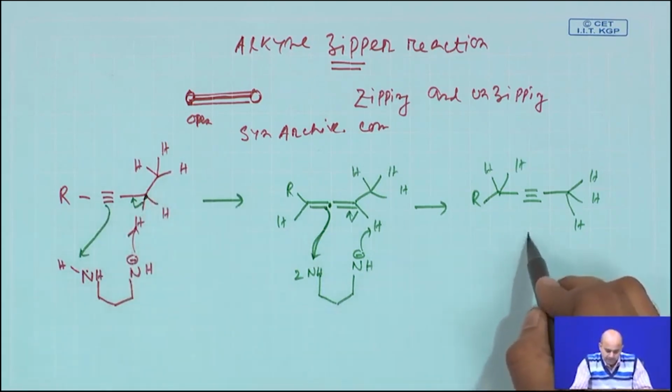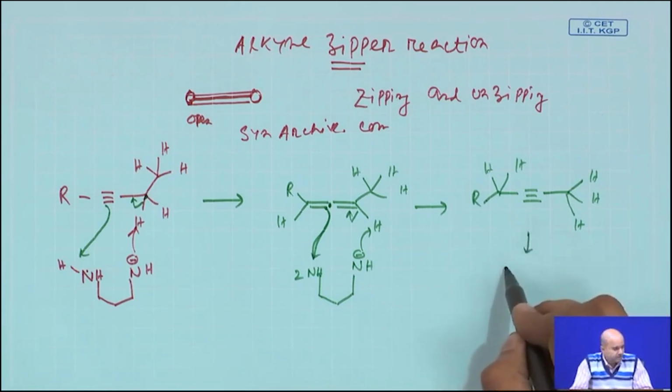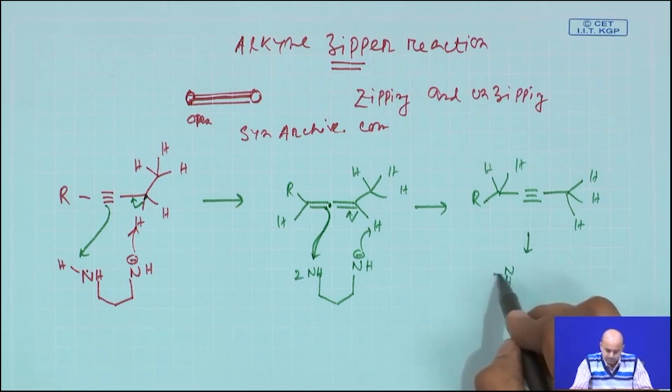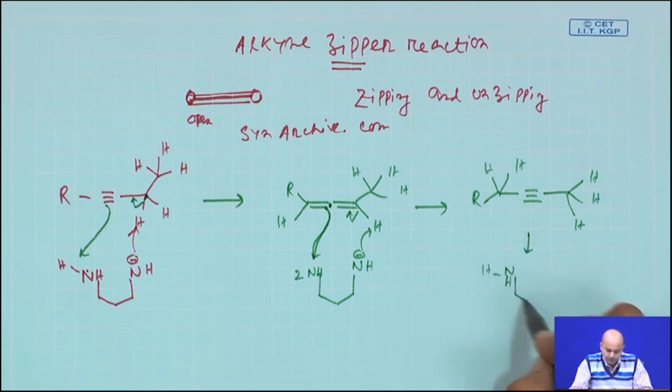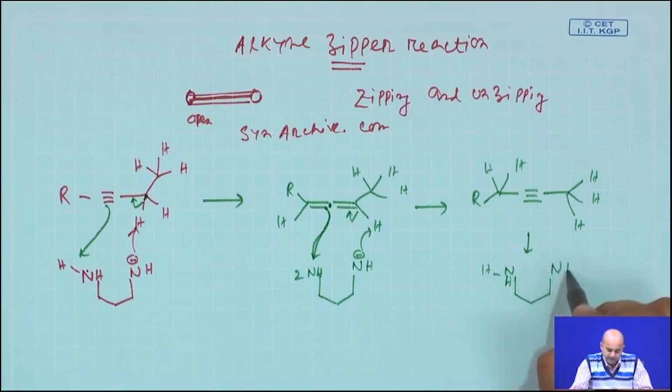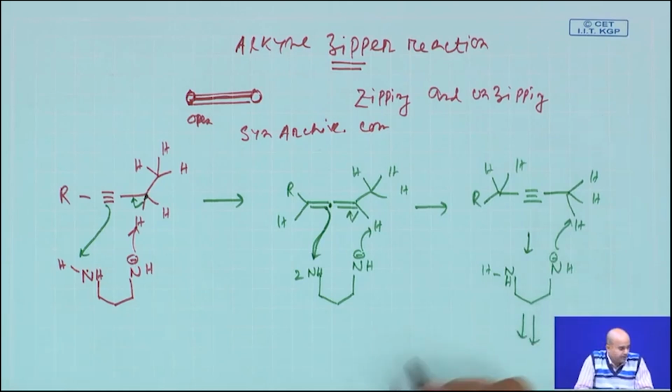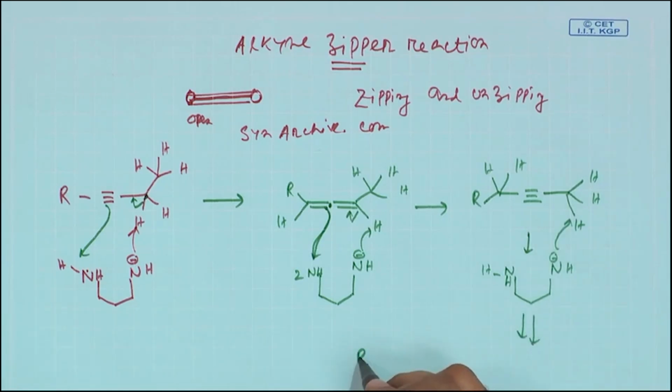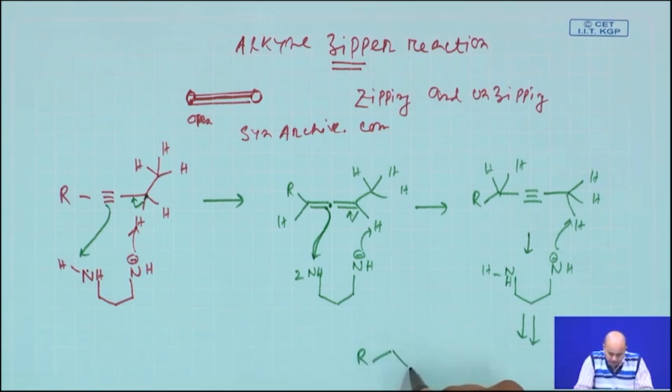The same thing operates again with this same compound. You have the NH2 of KAPA and the NH minus. It again abstracts the proton, the same mechanism operates, and eventually you get RCH2, this CH2 comes here, and you get the alkyne at the extreme end.